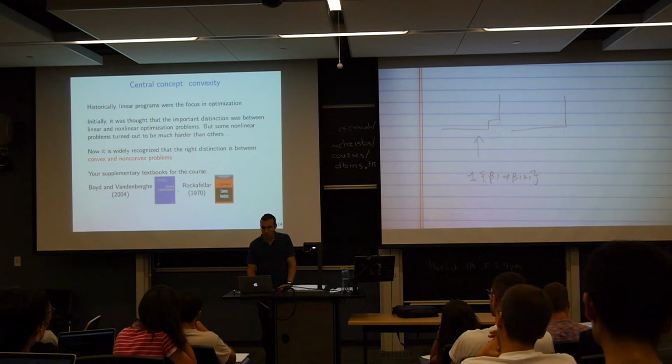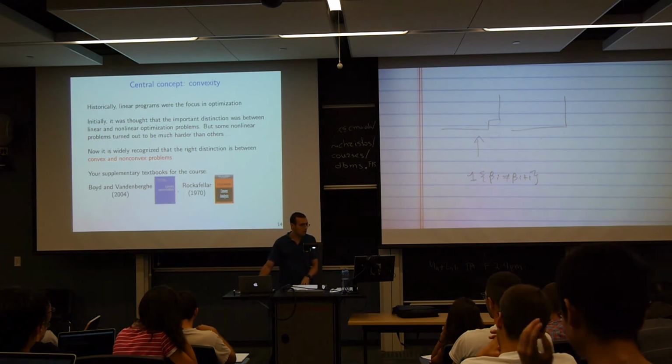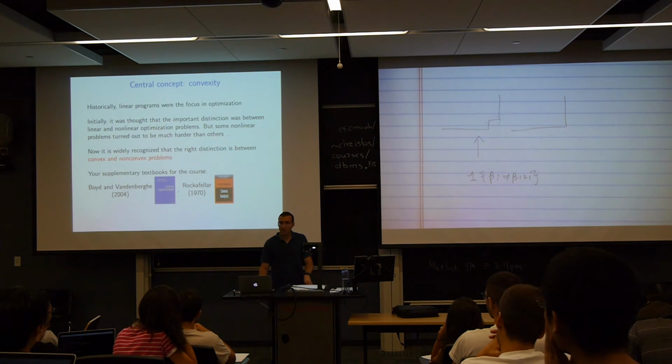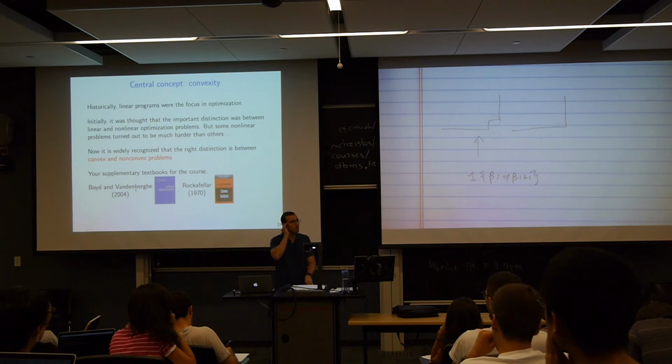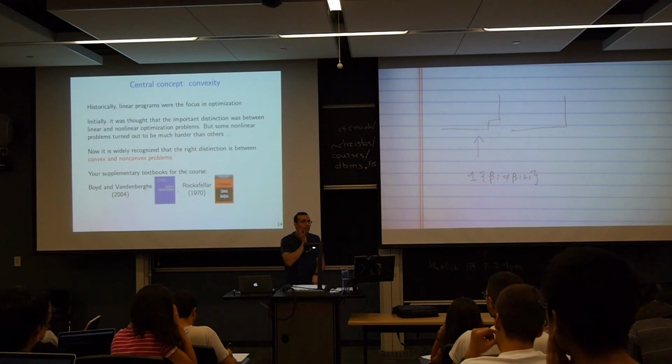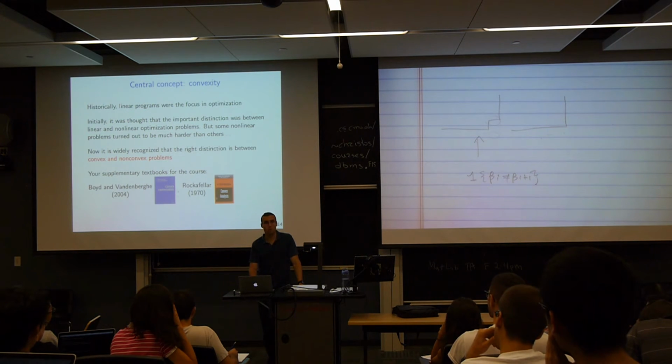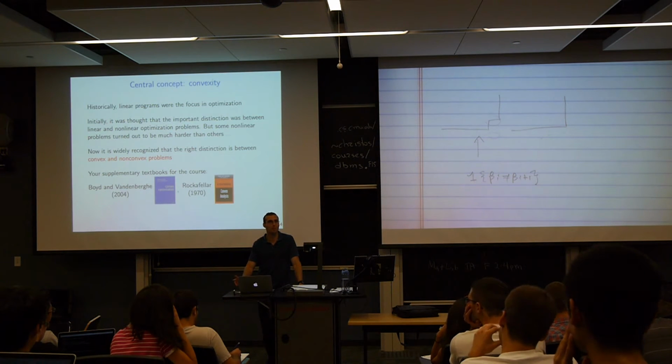The two textbooks that will make that point very precise, and that we'll be using throughout the course as supplements, are the Boyd and Vandenberghe Convex Optimization textbook, which I think is a really great textbook, and the Rockafellar textbook, which is called Convex Analysis. These books couldn't be more different, to be honest. They present material in almost the polar opposite way.